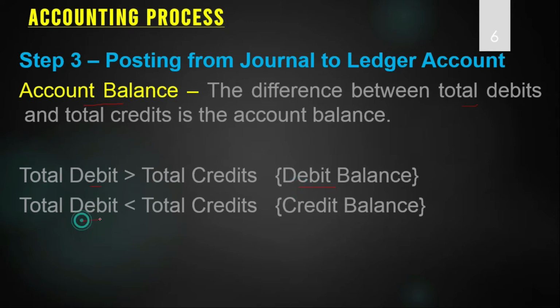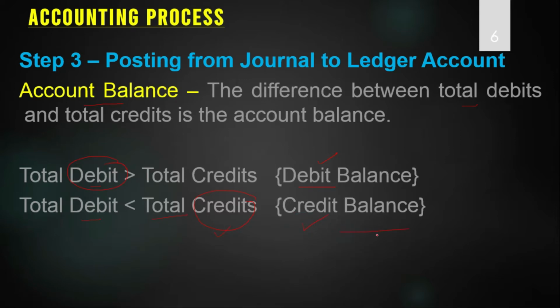If the total of debit is less, or we can say the total of credit is more, it is called the credit balance. So the balance is always named for the side that has the larger total. If debit is more than credit, it will be a debit balance. If credit is more than debit, it will be a credit balance.